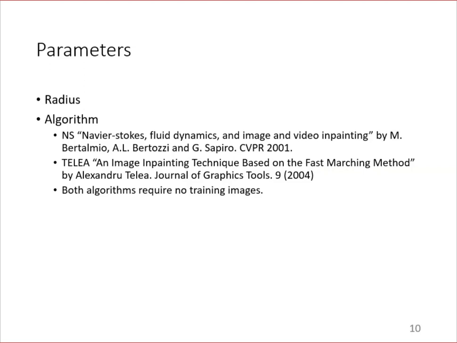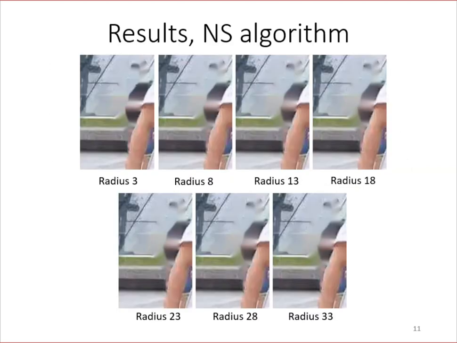And let's see the performance. For the NS algorithm, when I set different radii from 3 to 33, you can see when the radius is 3, I see a quite large contrast between the upper and the center area.